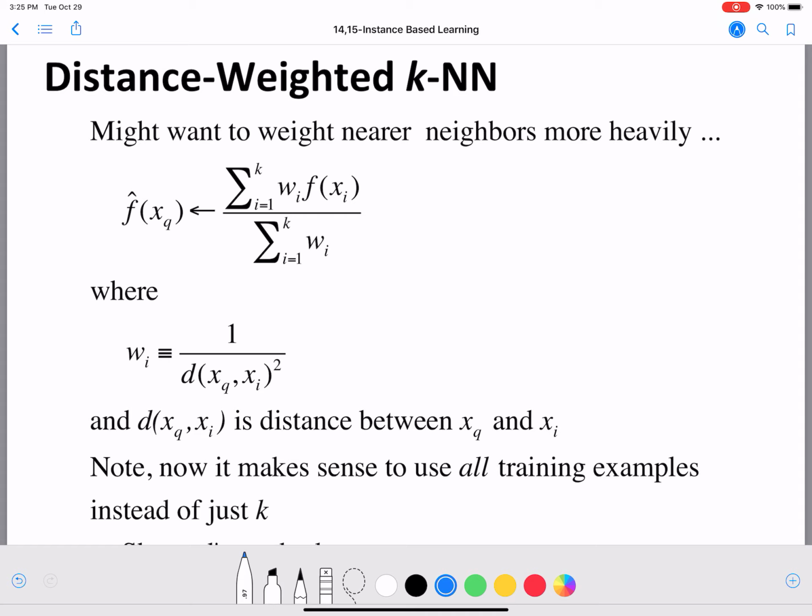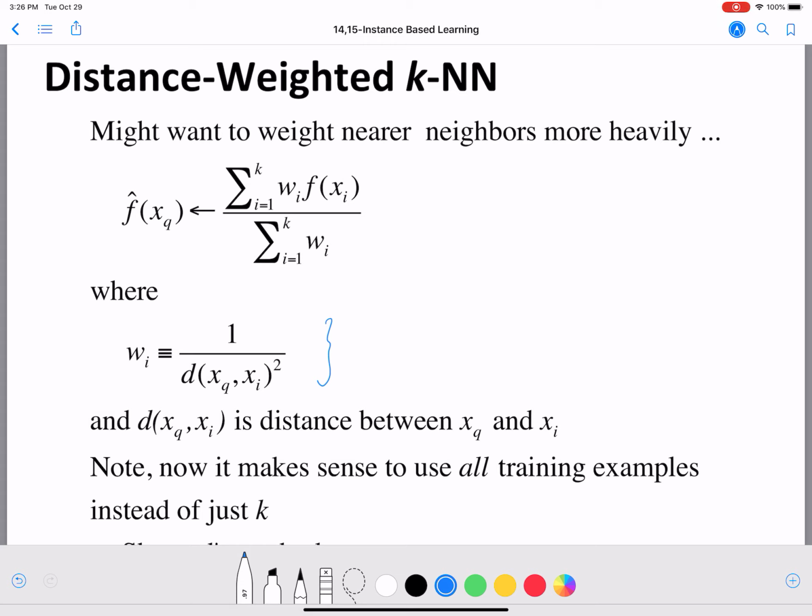To do that, we can weight each example by the distance, where the weight would be 1 over the square of the distance. So this is the weight. Which means that as it's farther away, it would contribute less. When it's closer, it would contribute more. It's an inverse of the distance, right?